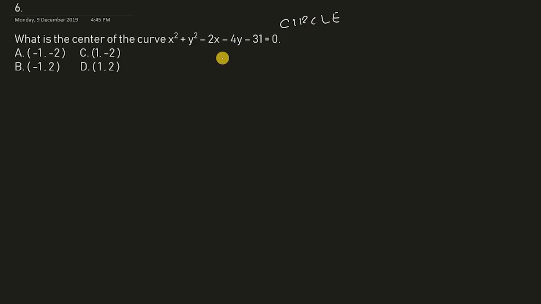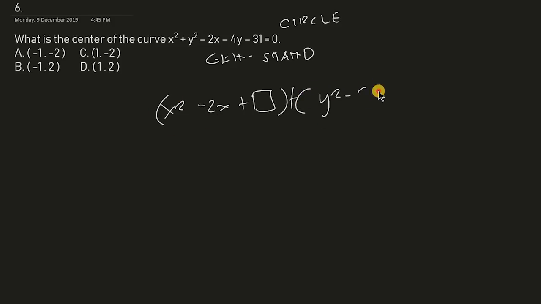Basically, it's simply converting this again from general to standard. Napaka-importante nito, which is mostly gumagamit tayo ng completing the square. So, i-complete ulit natin yung square dito. That would be x squared minus 2x plus blank, i-group muna natin siya, plus y squared minus 4y plus blank.